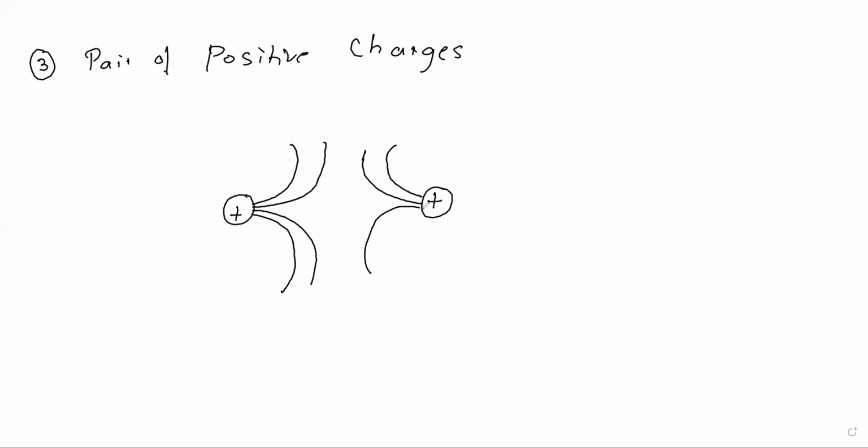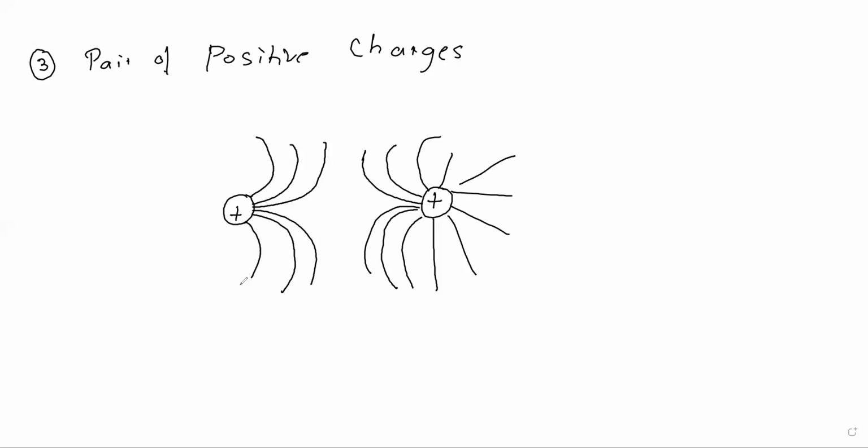They are repelling each other, and at a certain point again there'll be a straight line. Similarly, on this side, the repulsive forces. This is the diagram for a pair of like charges, or say a pair of positive charges. Did you understand?